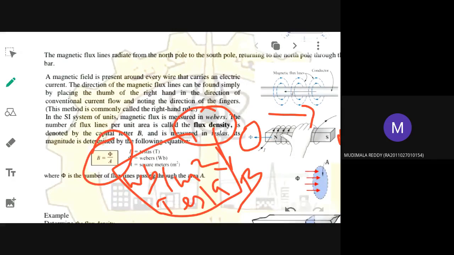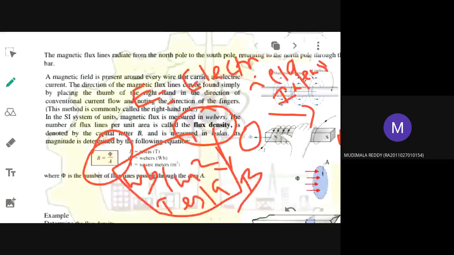In an electric field, it is equivalent to E, the electric field intensity. So what is flux density again? The formula and all is very important.